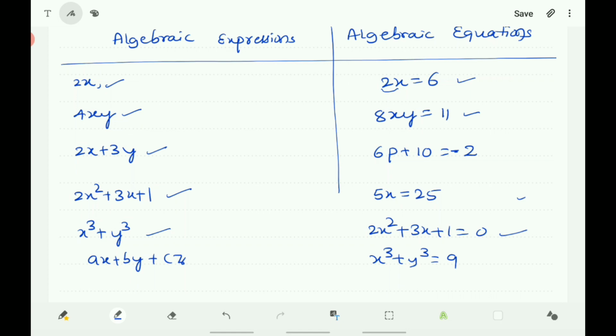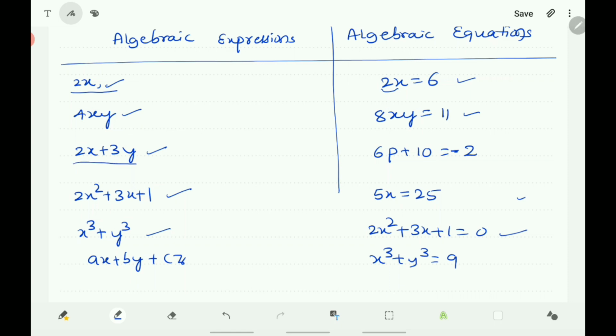Here only one variable must be there and its highest power must be 1, and you select that. Here 2x is an expression with only one variable and its highest power is 1. So it is a linear expression.